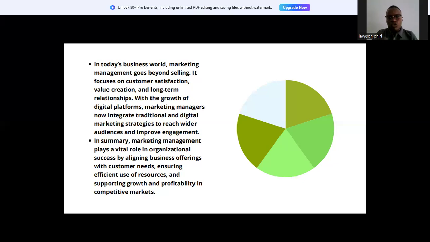Okay, with the growth of digital platforms, marketing managers now integrate traditional and digital marketing strategies to reach wider audiences and improve engagement. There's what we call traditional marketing. What is traditional marketing? Traditional marketing simply means you go physically. Let me give an example.